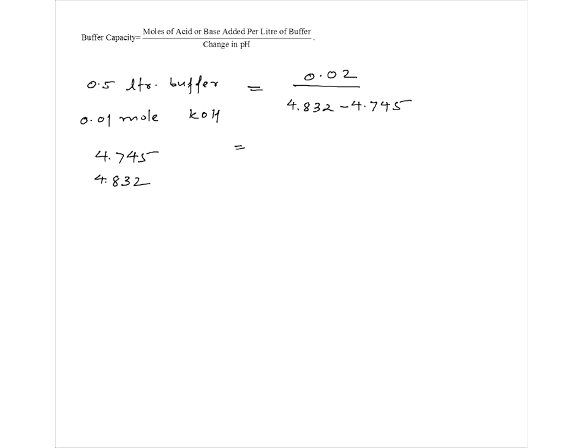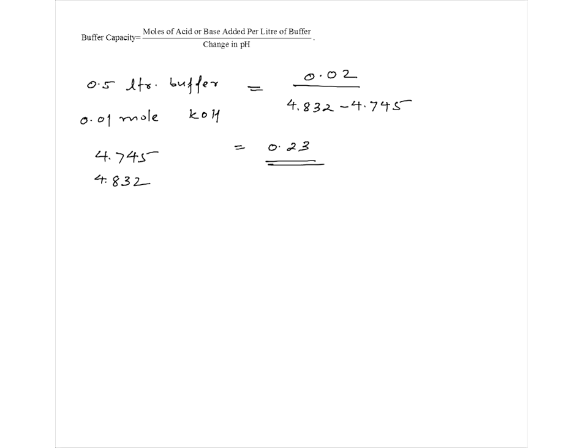Now this can be calculated easily, and it comes out to be 0.23.